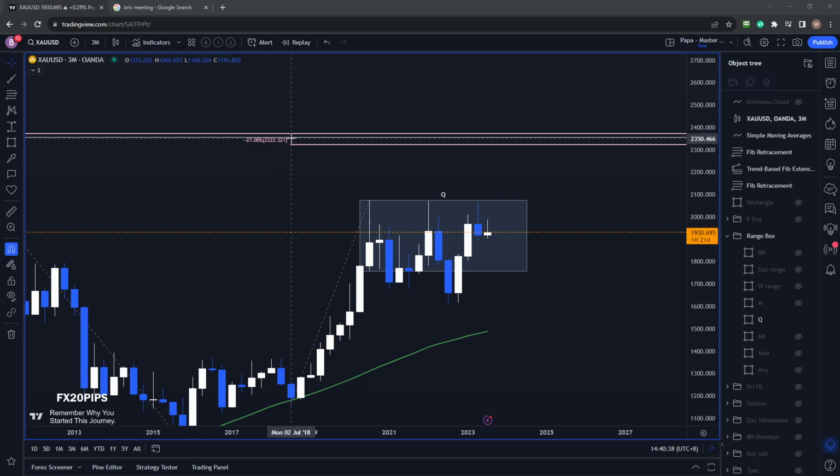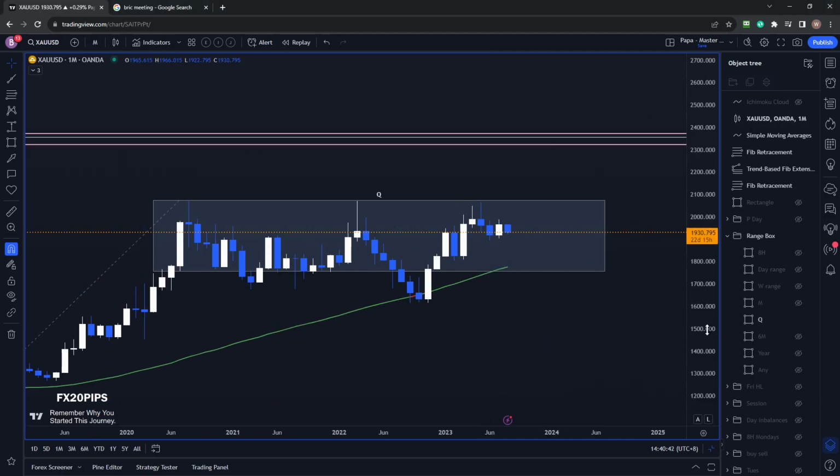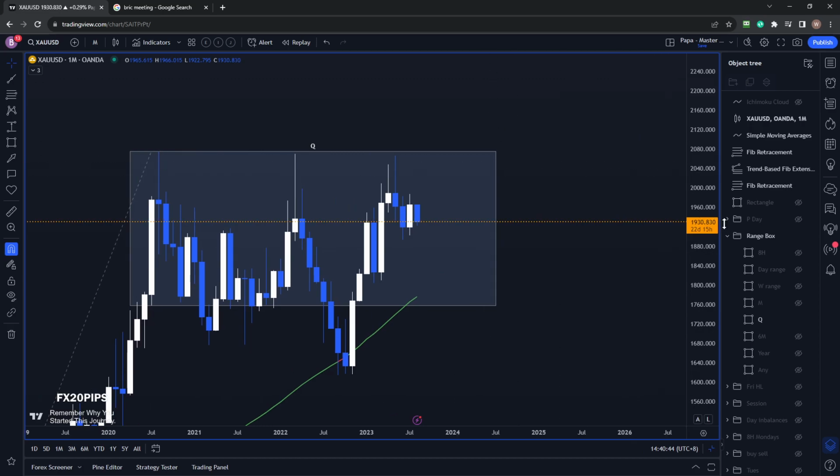Let's go to the monthly candles. On the monthly, we can see that we are bounded by this, which is the last 3 months. Like what I said, I'm not going to bother with that.